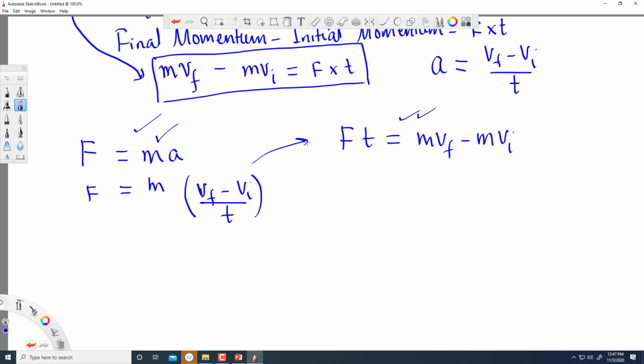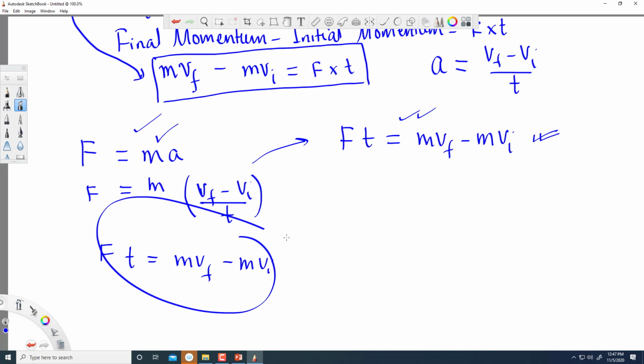So this theorem is a consequence of Newton's second law. Okay, the impulse momentum theorem comes from Newton's second law, because if you take this t to the left side, you get Ft, and on the right side you have mv final minus mv initial. Exactly the same formula, this one and this one.